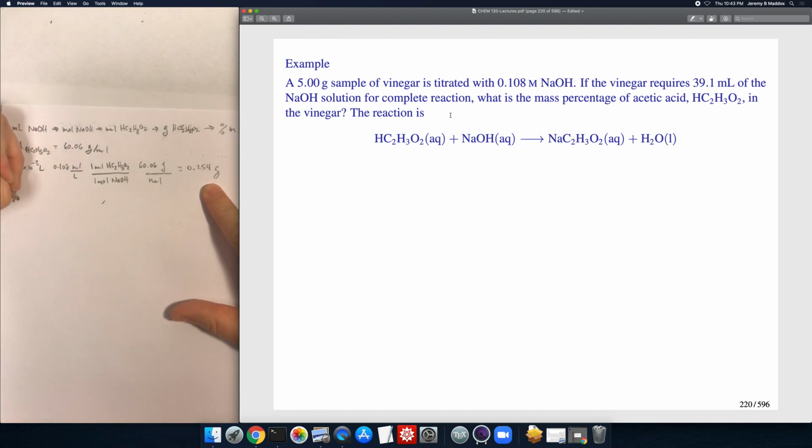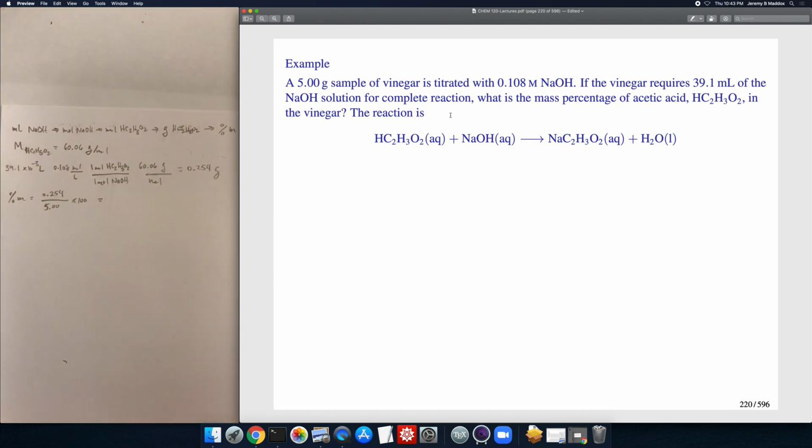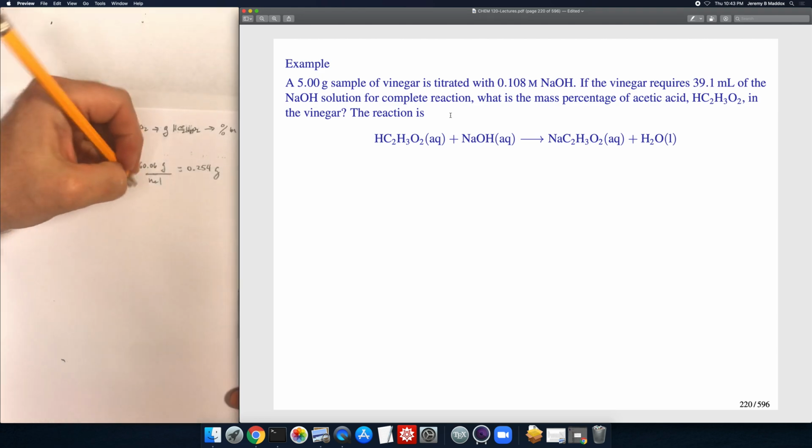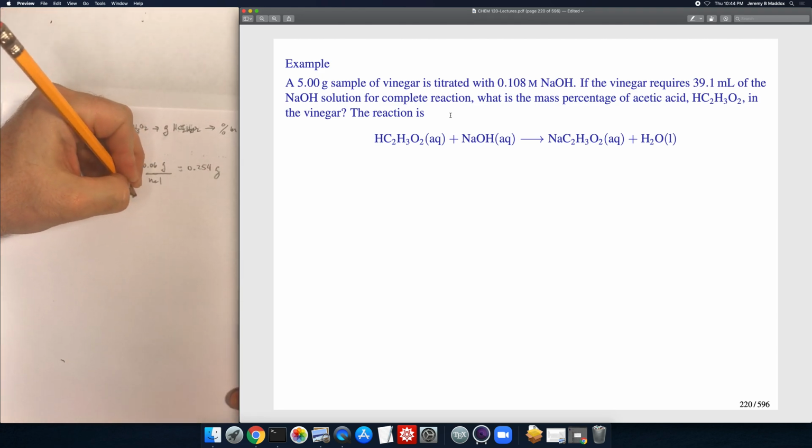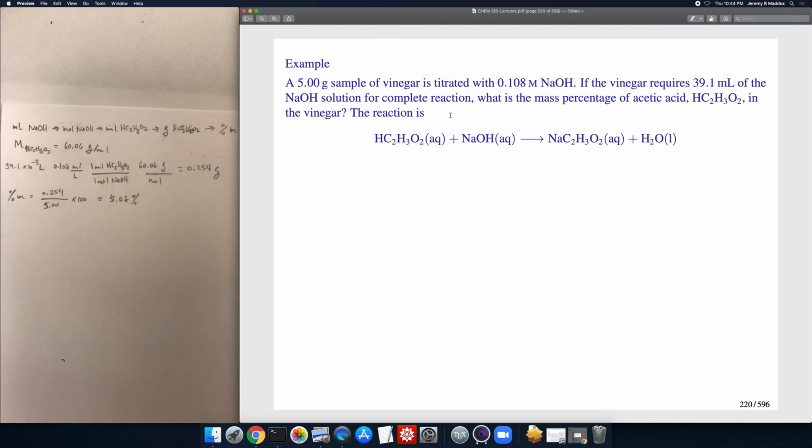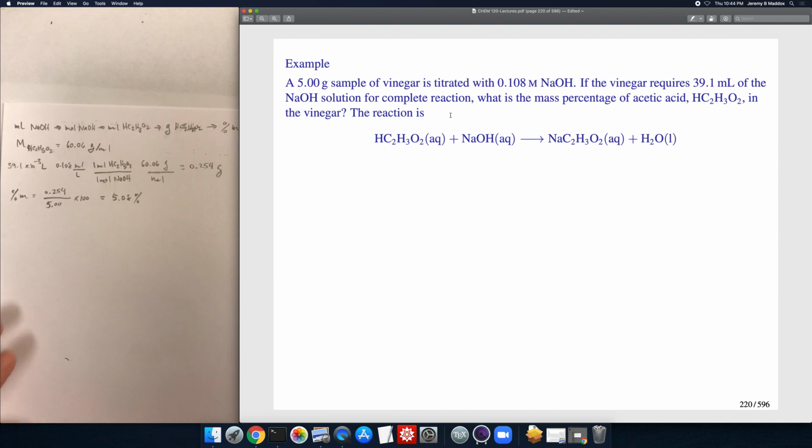So the percent mass will be the part, 0.254, divided by the total, which is 5 grams, times 100. And so I'm getting 5.08%. So in vinegar, about 5% of it is acetic acid. The rest is all water.